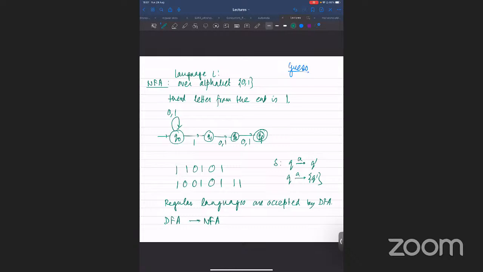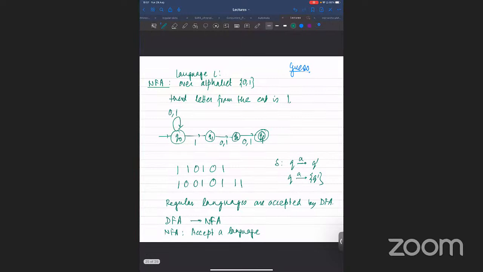Are NFA more expressive? So do NFA accept a language that cannot be accepted by any DFA? So this is the question for the expressiveness we would like to answer.